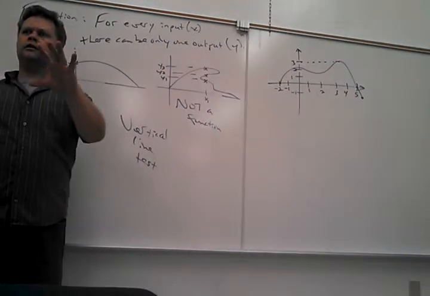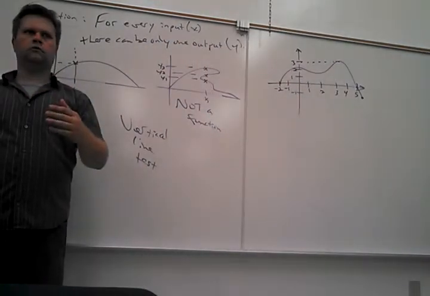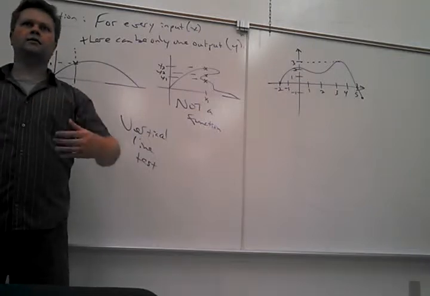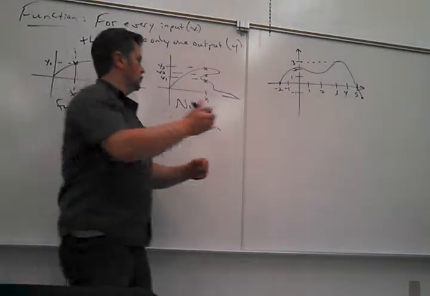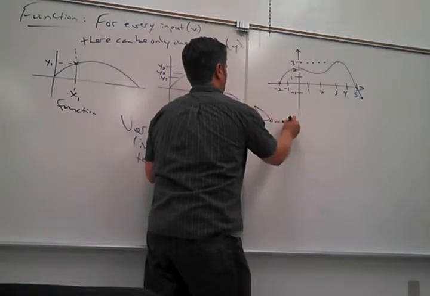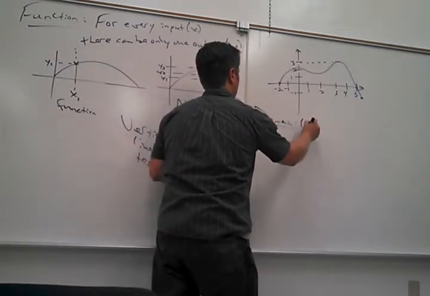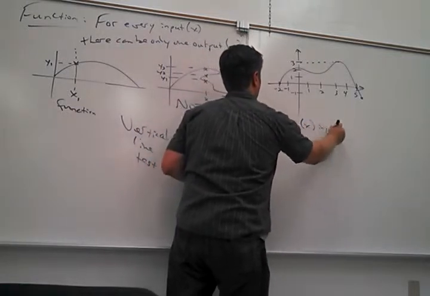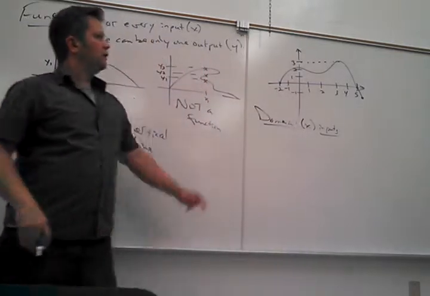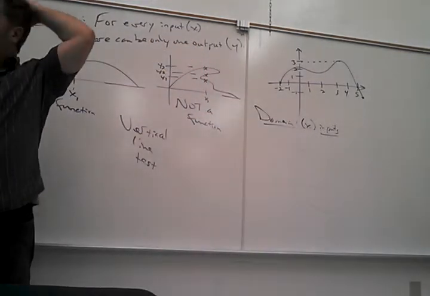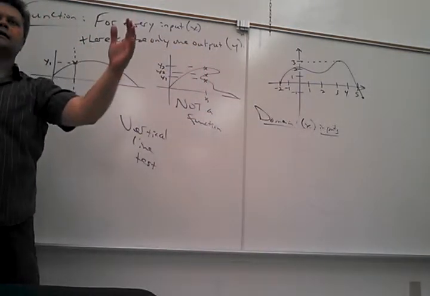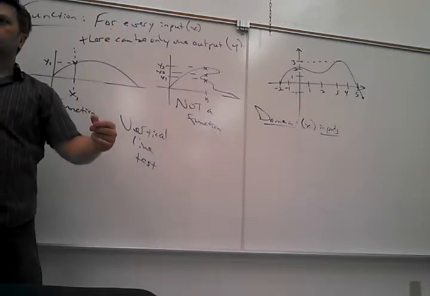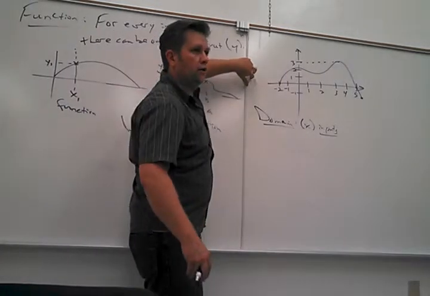The domain deals with which variable? X's. I love it. So domain is about what you plug in. Domain is about input. So the domain of this function up here is the x's that actually have outputs. So I would say, have a little dude walking on the x-axis.